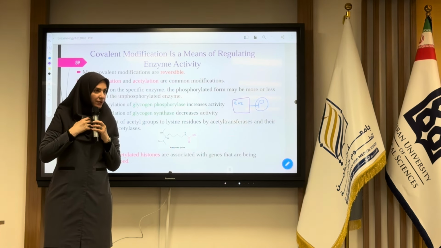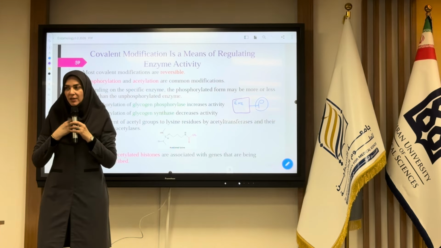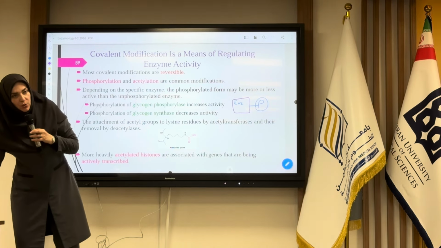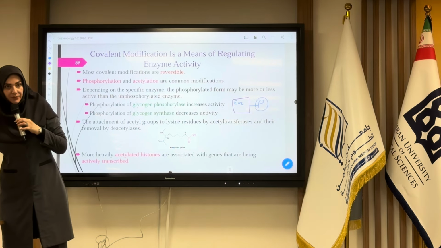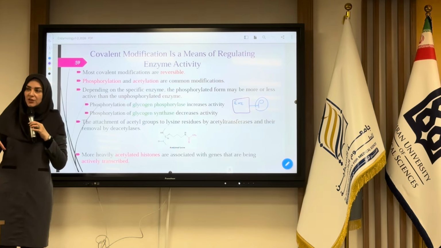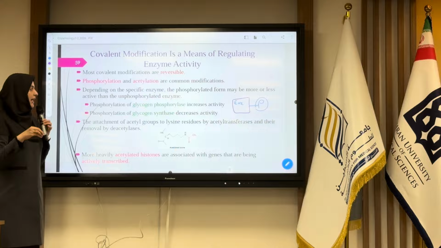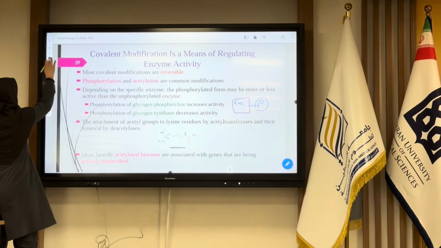Kinase. Okay? And dephosphorylation most of the time is catalyzed by phosphatase. So kinase, phosphatase. Okay? And most of the time, for regulation, the source of the phosphor is ATP. And you should know that.